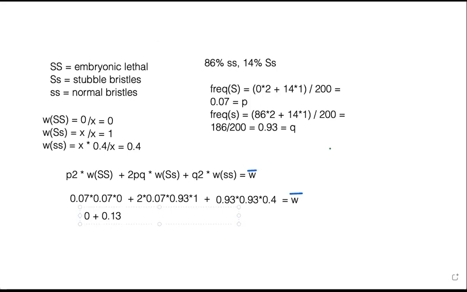And then the next term is 0.93 times 0.93 times 0.4. And that's 0.346. And that is equal to 0.476. That's our mean fitness for the population.